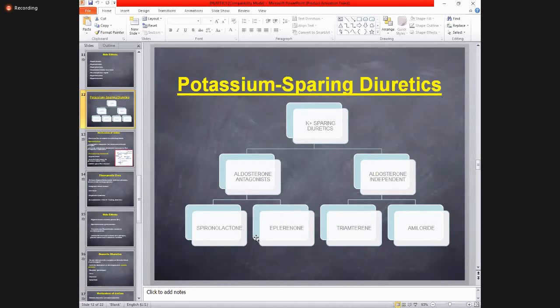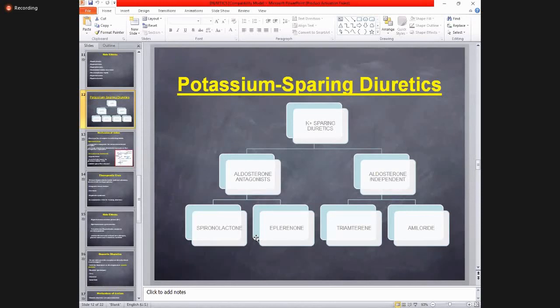Then the osmotic diuretics: an important condition is cerebral edema, increased intracranial pressure due to injury, trauma, or a space-occupying lesion, or after ingestion of a nephrotoxic drug. We can use the osmotic diuretic group, and the key example is mannitol.